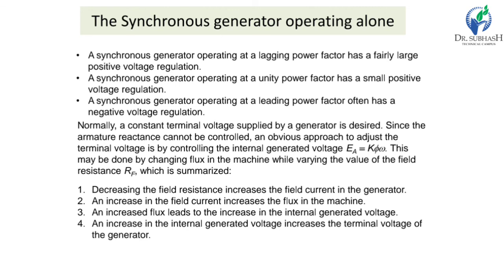The increment of the internal generated voltage will increase the phase voltage. If we have to increase the terminal voltage, then do all the steps from the first in the list. It is very easy to maintain the terminal voltage with the change in the load by just controlling the field current.